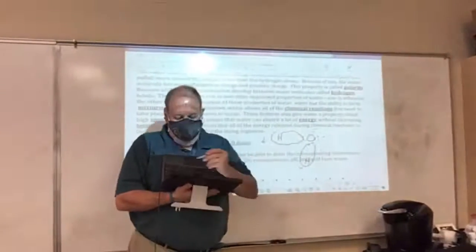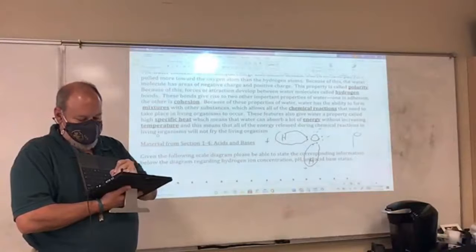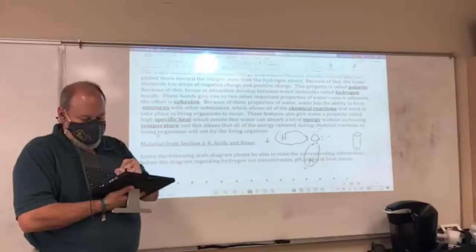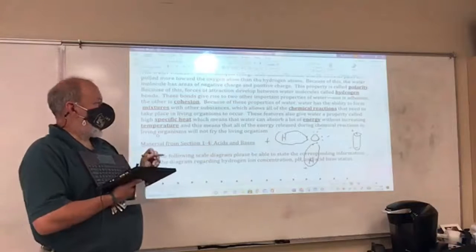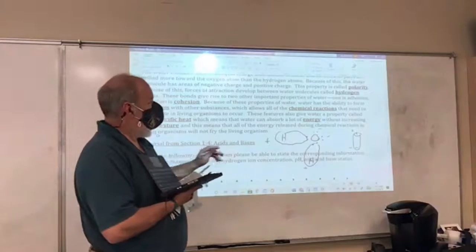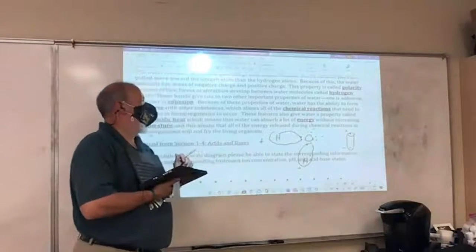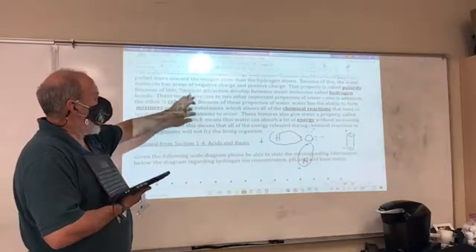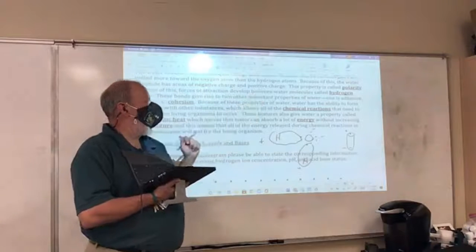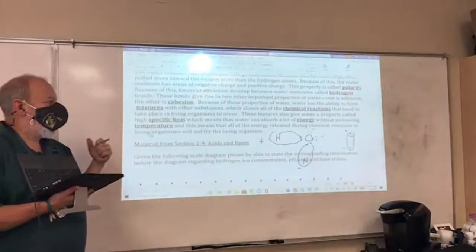It's like the poles of a battery. Okay? That's why we call it polarity, because there are positive and negative poles. So this property is called polarity. Because of this, forces of attraction develop between water molecules. The water molecules want to stick together.